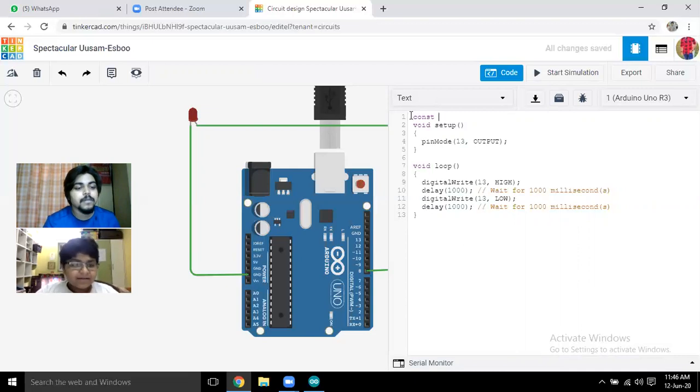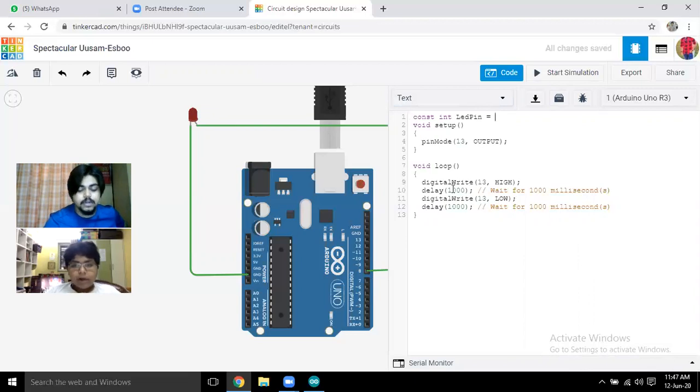Const, then int, integer, INT. Const int, then I'm writing let pin. Let's say the name is let pin. This variable will be taken for the pin to which we are connecting.